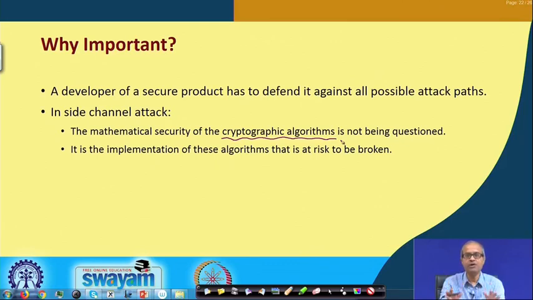But when you are doing a hardware implementation of this algorithm, somewhere you have become a little careless, and because of that carelessness, some information is getting leaked out while the algorithm is getting executed in hardware. That is the main idea. So, it is the implementation of the algorithms that is not proper, and some information is getting leaked out during the execution of the algorithm in hardware. This is the basic concept. Okay.